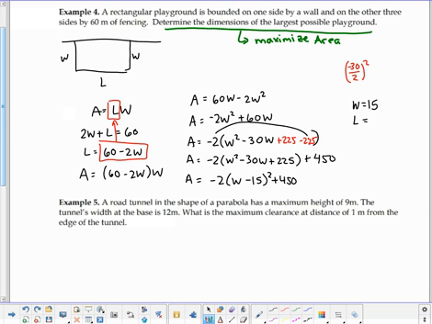How would I get the length? Yeah, 60 minus 2w. So 60 minus 2 times 15 is 30. So it's 15 meters by 30 meters is our answer.